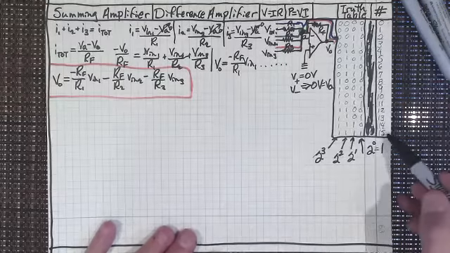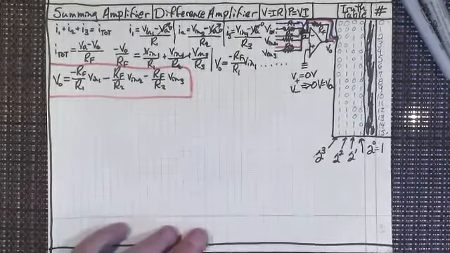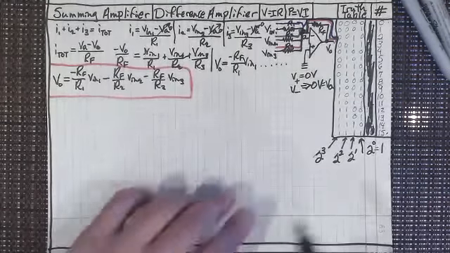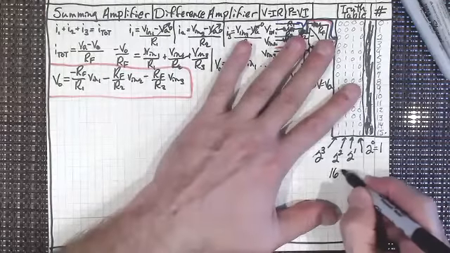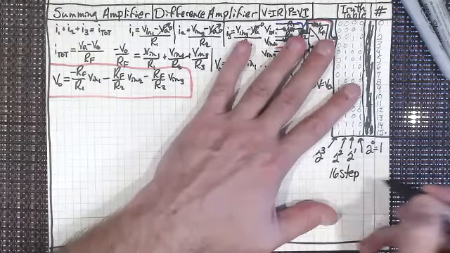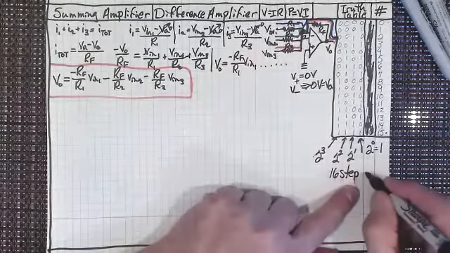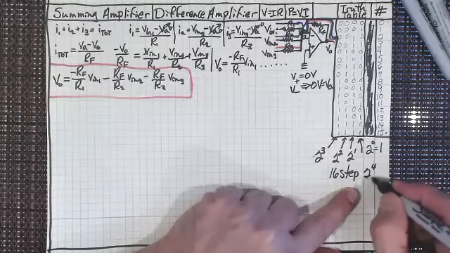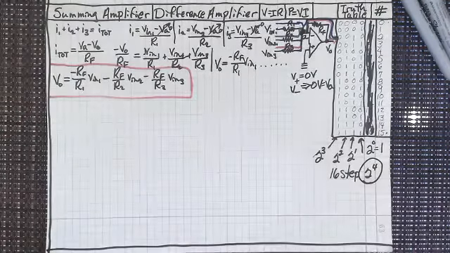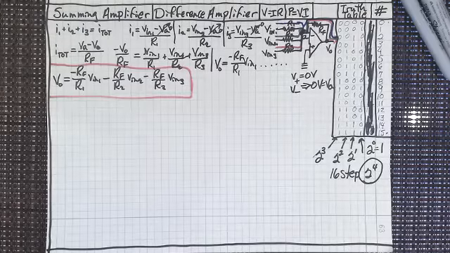0 to 15. Isn't that 16 steps? That's right, 16 steps. Isn't 16 2 to the 4? That's why we call it a 4-bit. 16 steps is 4 bits, right?